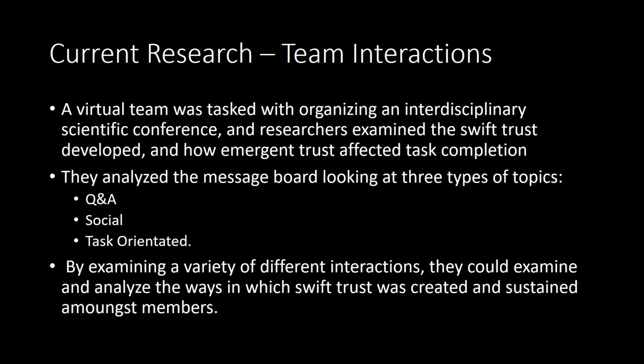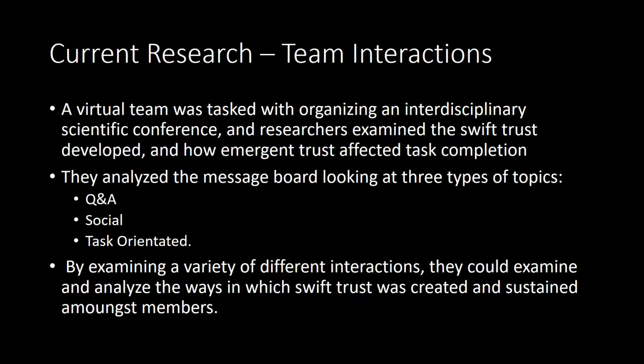And we'll also look at team interactions. So a virtual team was tasked with organizing an interdisciplinary scientific conference, and researchers examined the Swift Trust developing and how emergent trust affected task completion.